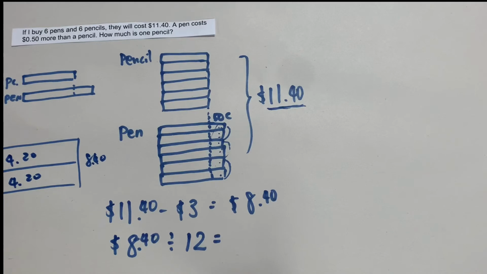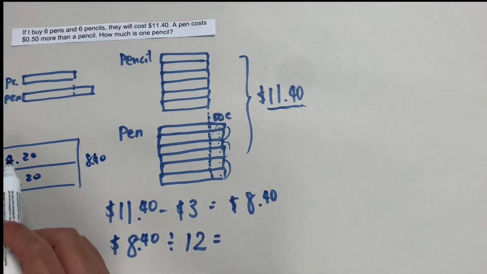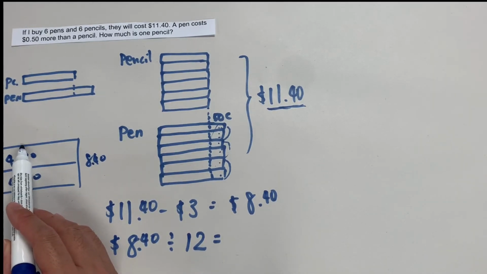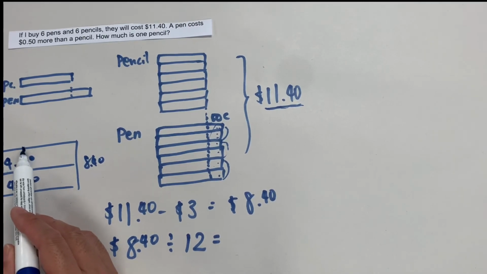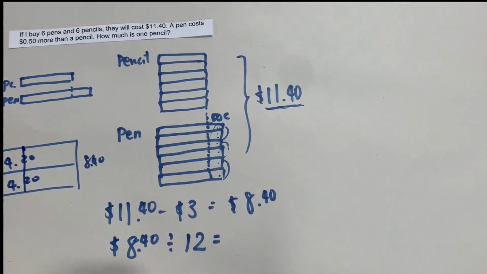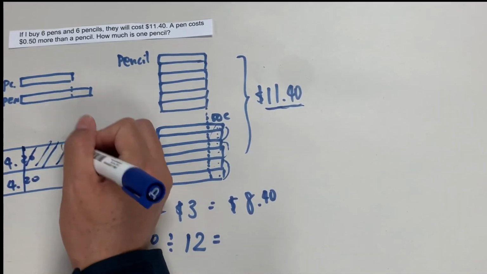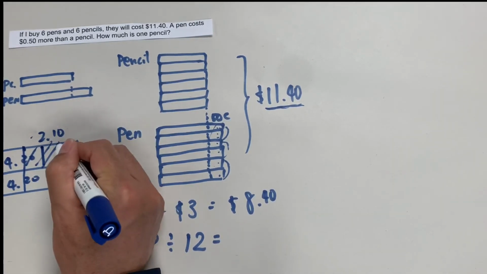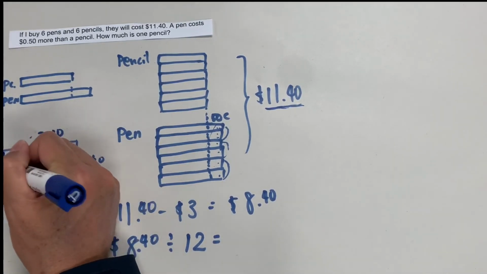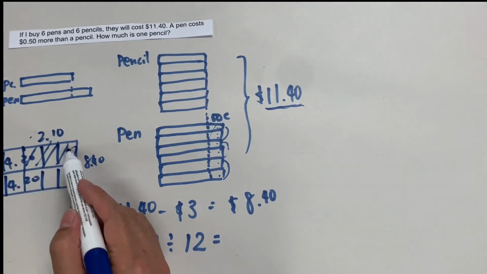Then if I halve that again, can I halve that again? Yes, I can. Right, so that's $2.10. If I cut this into 3 equal pieces, that's 12 equal pieces.